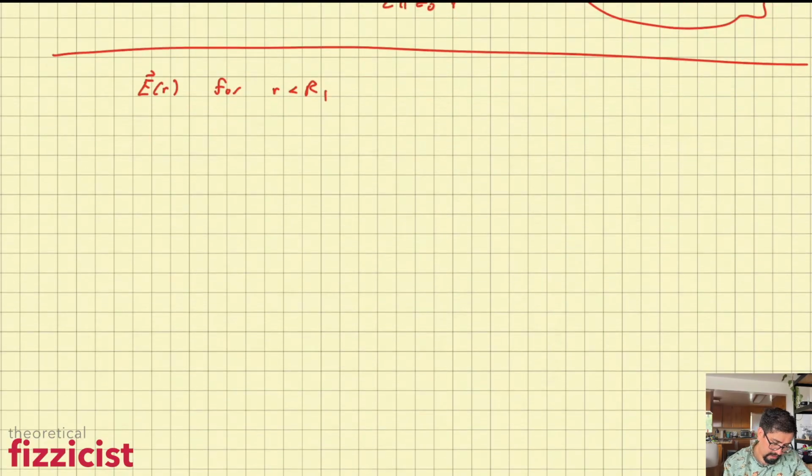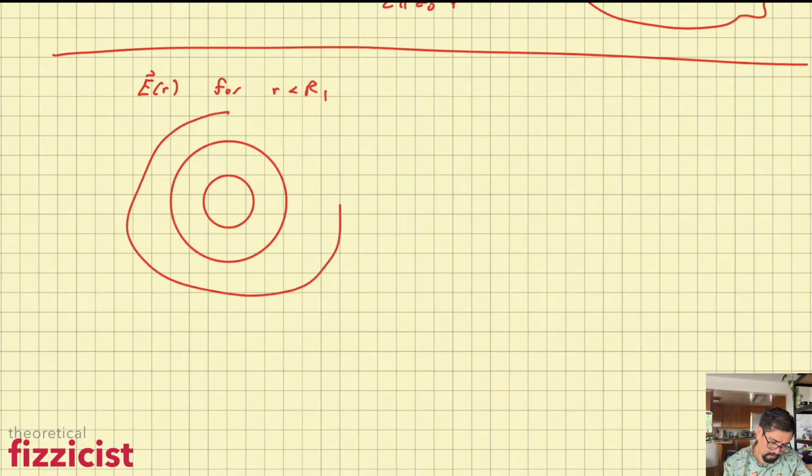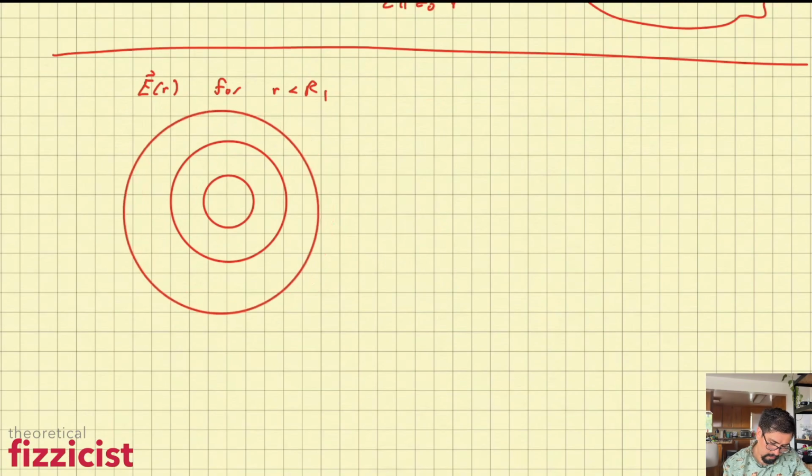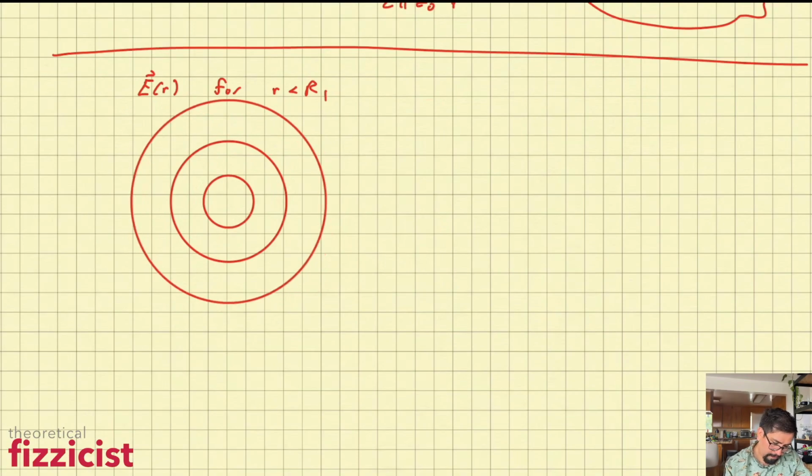Again, let's go ahead and draw a picture here. All right. Again, here's our outer conducting shell.